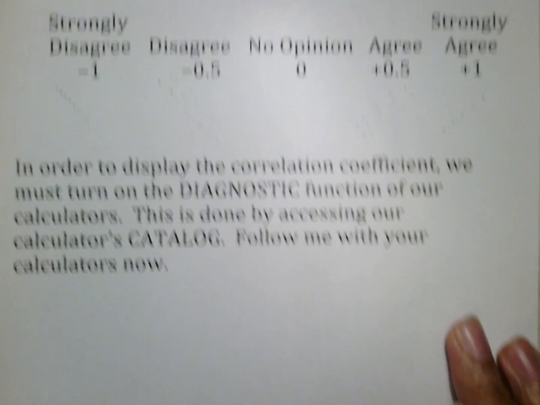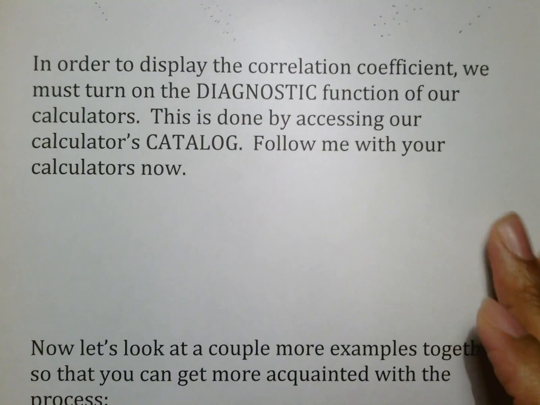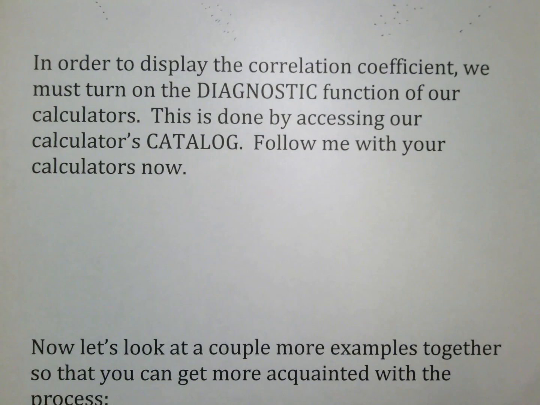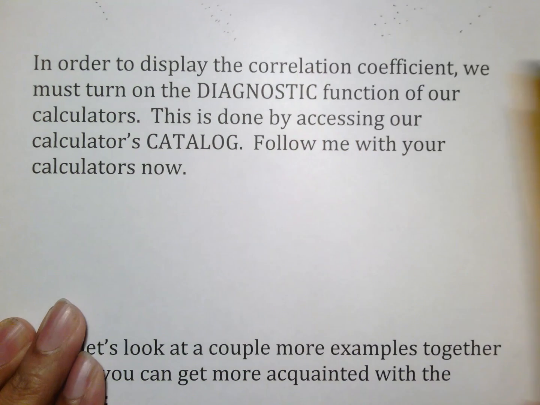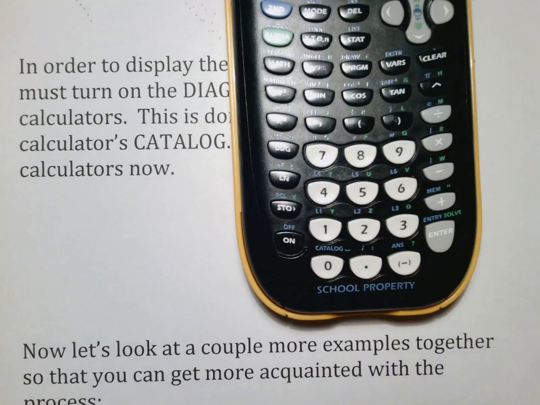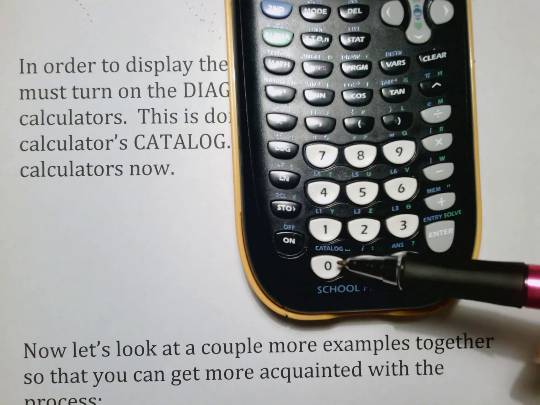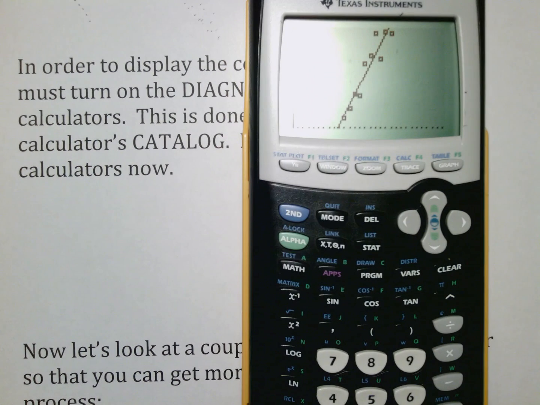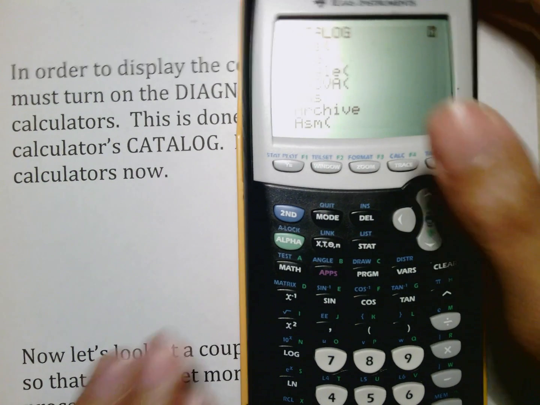The problem is, if you want to find the correlation coefficient, here's some more notes you need to write. You have to turn on the diagnostic function of our calculators. After that, it should be easy to do, but to do the diagnostic, you have to actually access your catalog. And so here's what we do. In your calculator, the catalog button is above 0, and it's blue, which means that we must hit second 0 to hit that button.